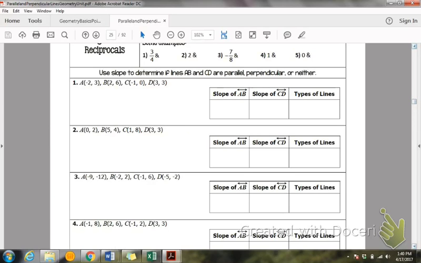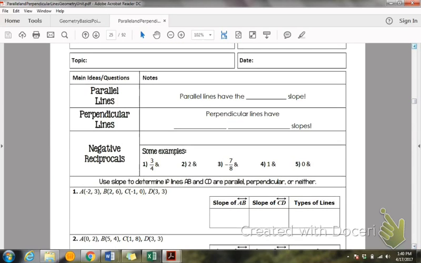You should be here. Is this where you guys are? Okay. So this is topic 2.1, slopes of lines.